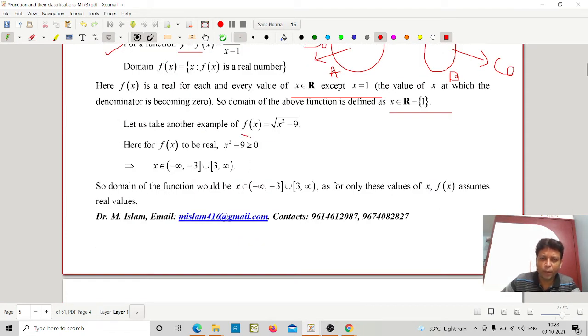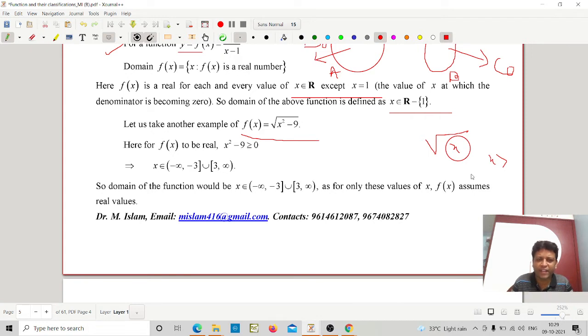Next, if I talk about f(x) equal to root over x square minus 9. We know that if you write the square root of x, then x must be positive or 0, because a negative quantity inside the square root invites the complex number. It becomes imaginary and complex.